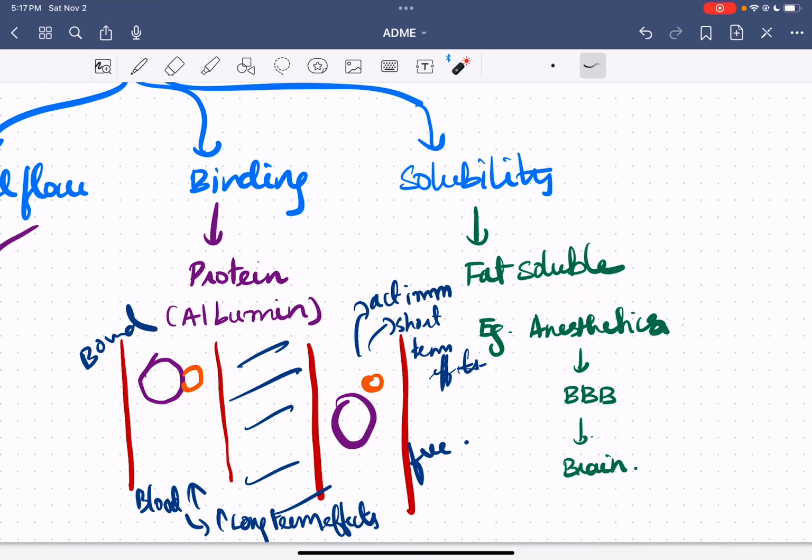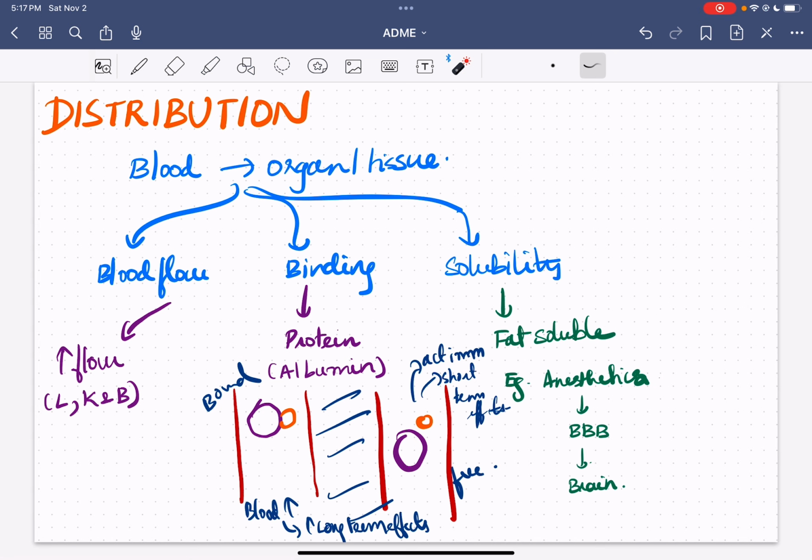Most anesthetics are fat soluble, and hence they can cross the blood brain barrier very easily and immediately show their effect on the brain, hence making the patient feel the effect of anesthesia. So that's why anesthetics are mostly lipid soluble, and that's why they're able to cross the blood brain barrier very easily. Now these are all the concepts that you are required to understand about distribution.